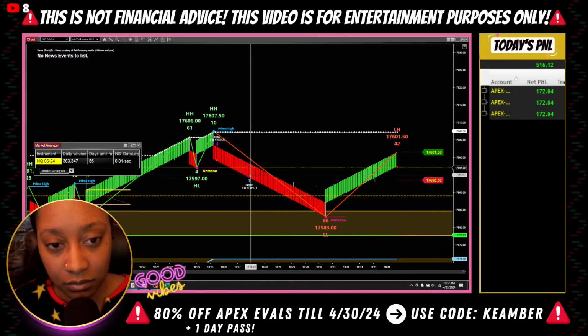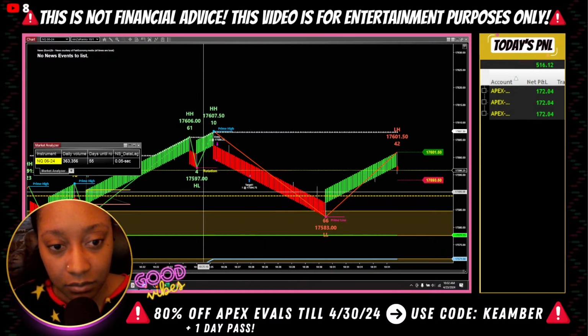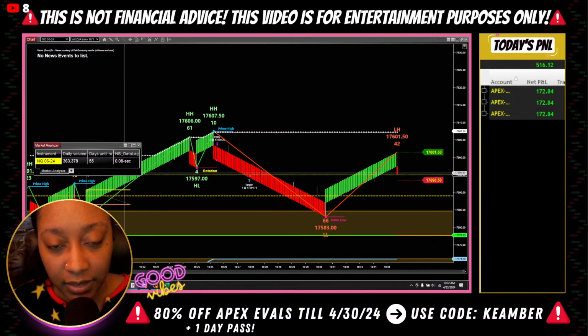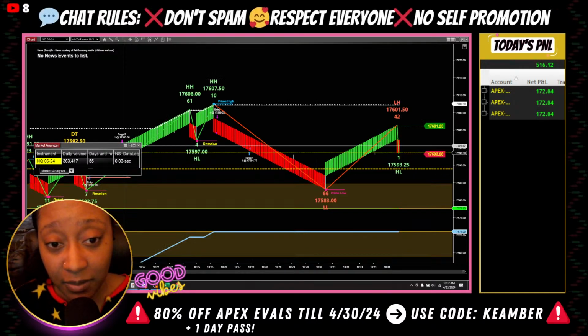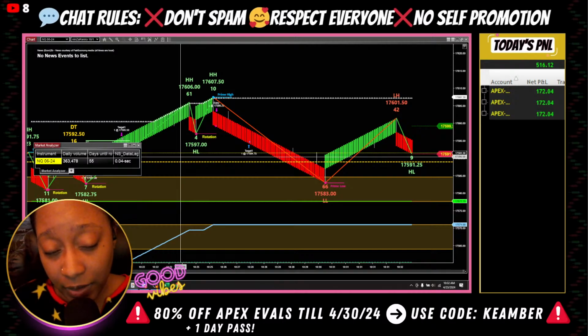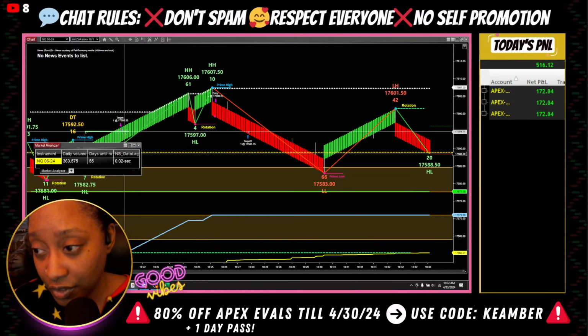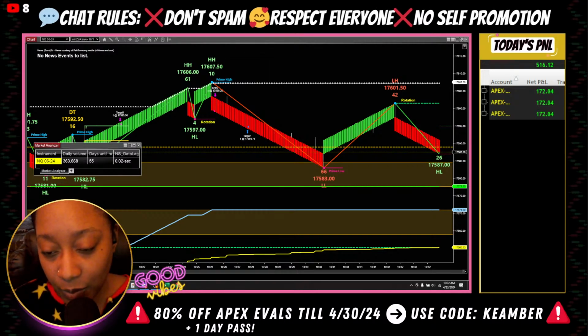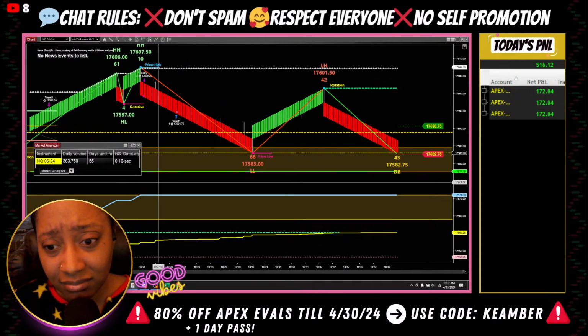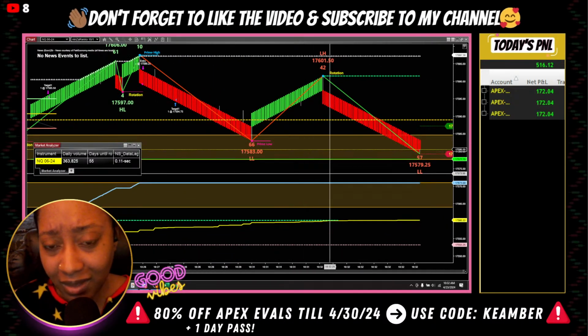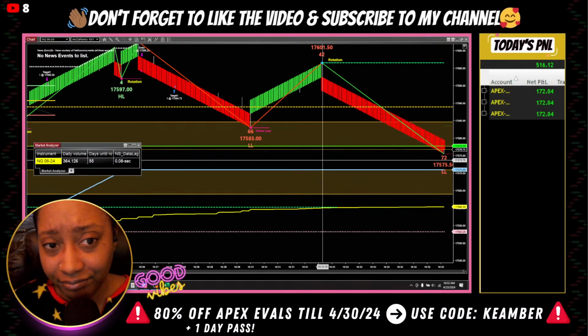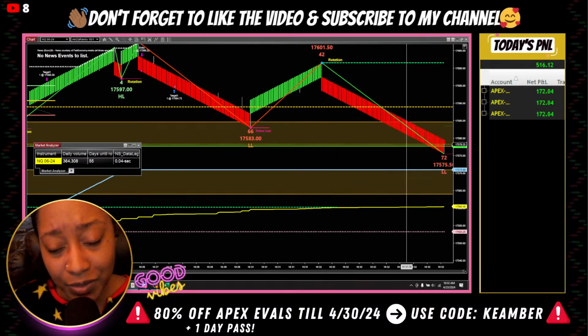Oh yeah, I can tell the volatility is not the best of the best because I was in those two trades for way too long. The first trade was like 45 seconds. This trade was almost 2 minutes. We don't like that at all, actually.